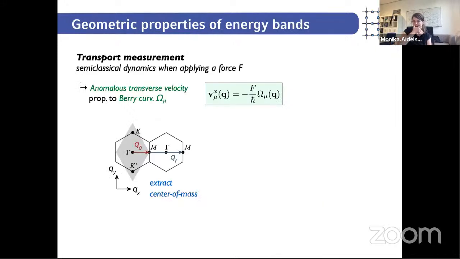Okay. And in order to extract that, we use the same transport measurements as we had done for the quantum Hall measurement. So again, we look at wave packet dynamics in a semi-classical description. We start with a BEC or wave packet at the gamma point, which is the lowest energy eigenstate in the system.